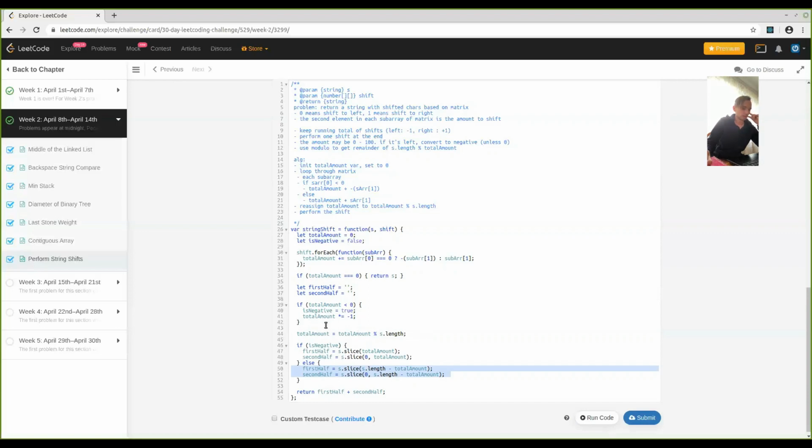Then I use modulo, because if there was a shift amount greater than the length of the string, it would have been a little more confusing to do the actual shift. So I use modulo to get the remainder of total amount divided by the length of the string, and that number is the amount of shift that needed to occur.